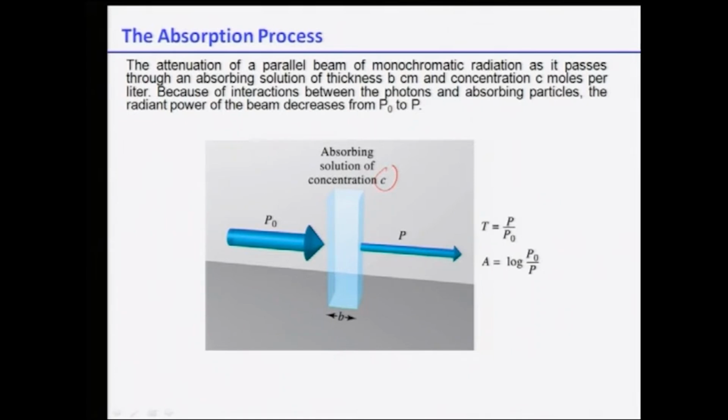Because of the interaction of the photons of the radiation with the molecules or the material inside absorbing the particles, the radiation power of the beam will decrease from P0 to P. So, we can define the transmittance T as the ratio P by P0, and absorption is basically the log of P0 by P, the opposite.